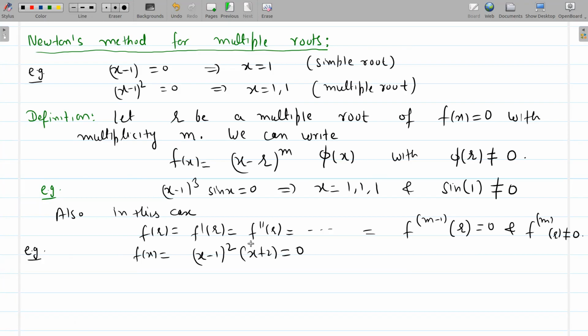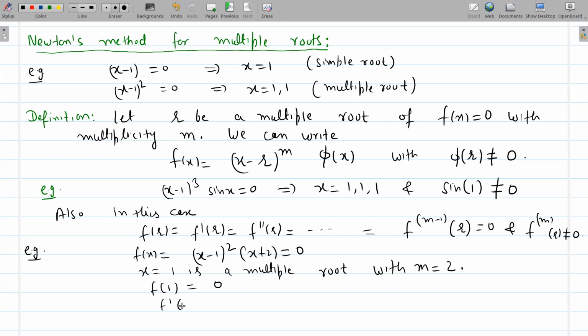So you can check here x equal to 1 is a multiple root with multiplicity 2. So in this case you can check f(1) is 0.